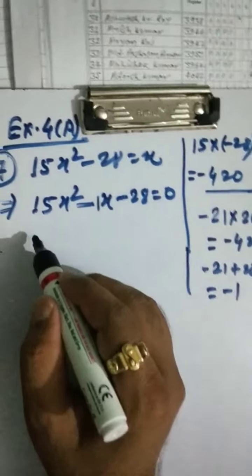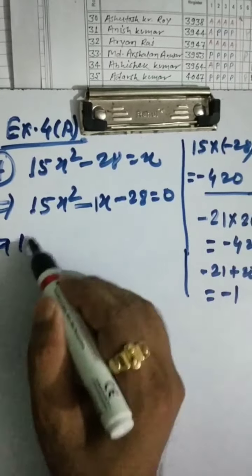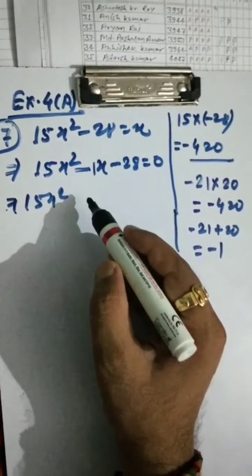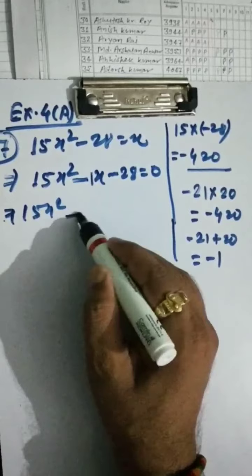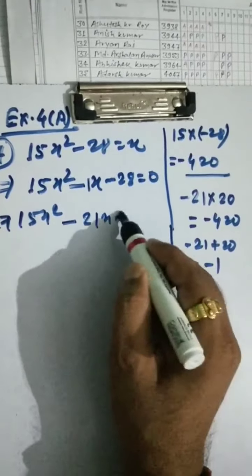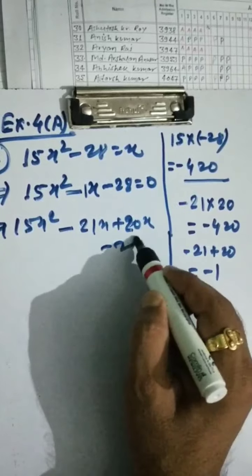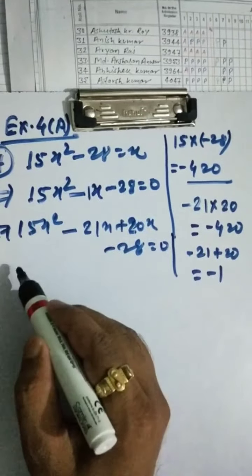So this can be written as 15x square minus 21x plus 20x minus 28 is equal to 0.